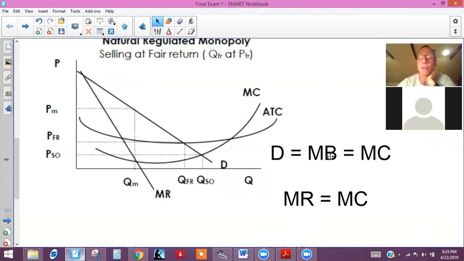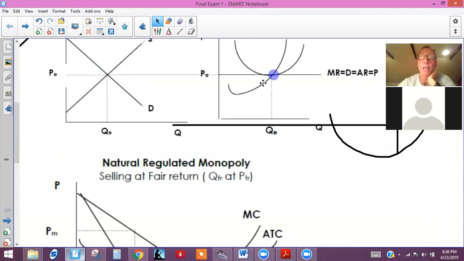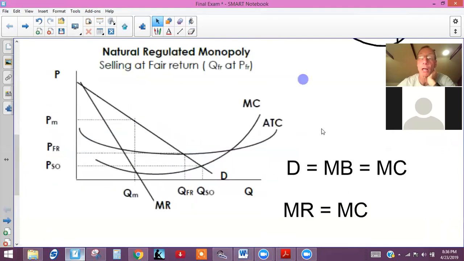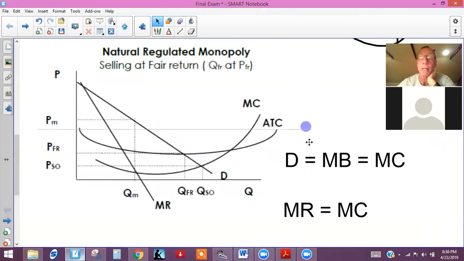This right here is when they're allocatively efficient. That point is not where they're going to produce. This is the point of allocative efficiency.